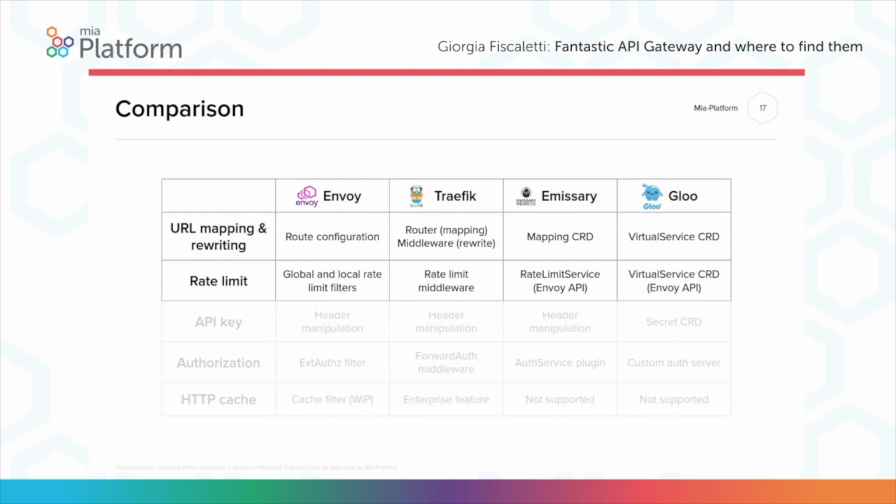In Emissary and Glue, we have a similar configuration. In Emissary, we have a custom resource definition, which is called the rate limit service, which exposes the Envoy API for the global rate limit service, where we can specify an external rate limit service that communicates with our API gateway through gRPC.